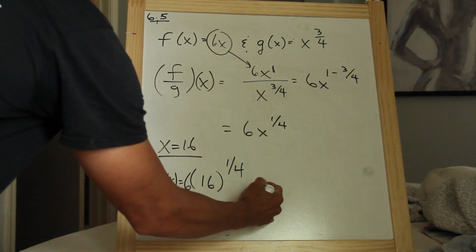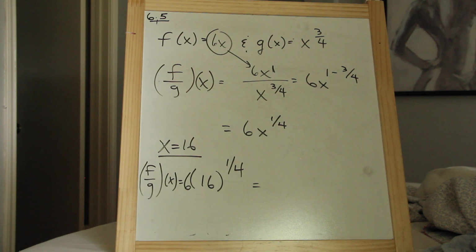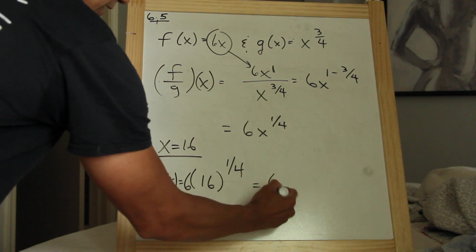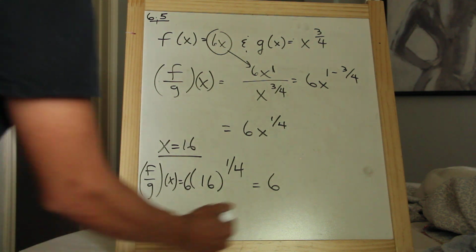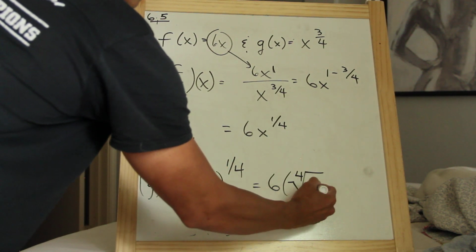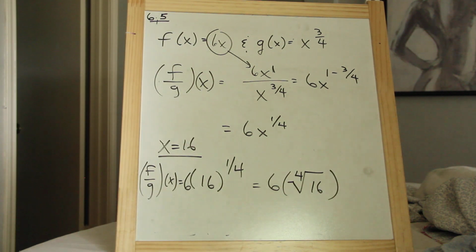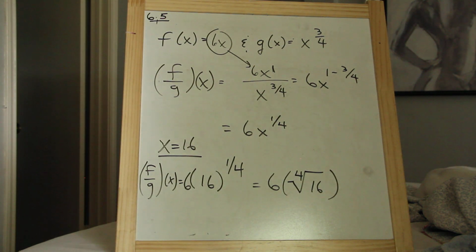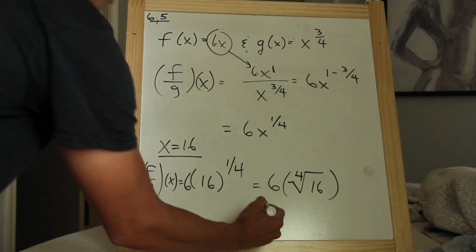So again, how do we take the 16 to the 1/4 power first? I'm going to write the 6 because we're not going to deal with that just yet. Remember that this is really saying the 4th root of 16. The 4th root of 16 is going to be 2.